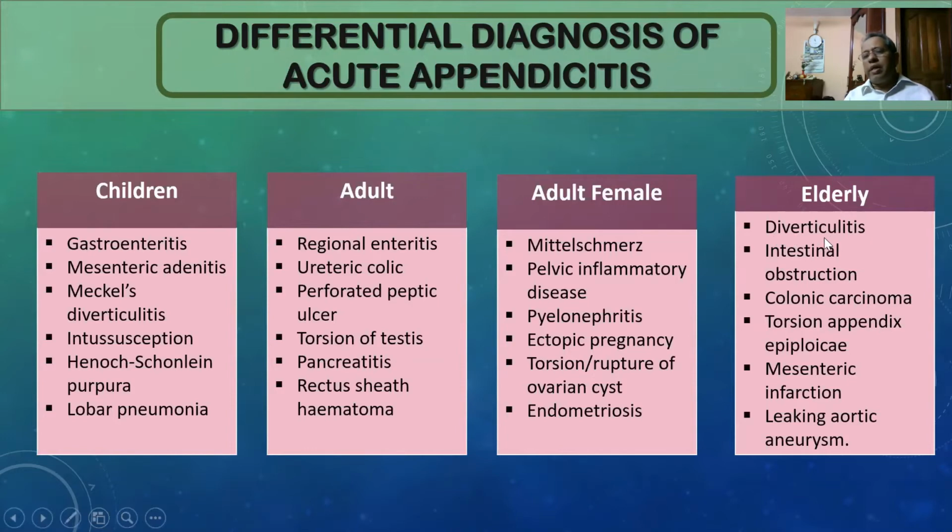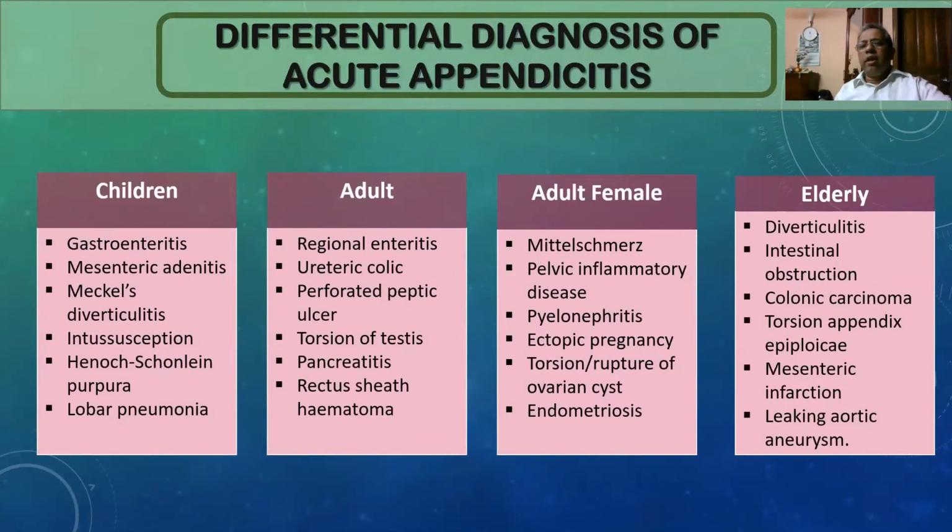But in our practice, we do not routinely do a CT scan. We routinely do ultrasonography. But in Western countries, before going for appendicectomy, they are more oriented to contrast enhanced CT scan. Without contrast enhanced CT scan, usually they don't go for surgical treatment of appendicitis.